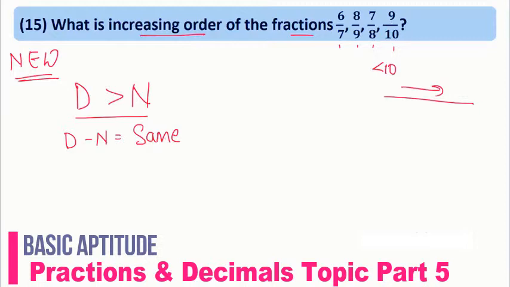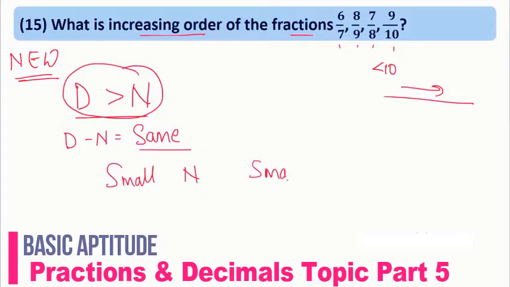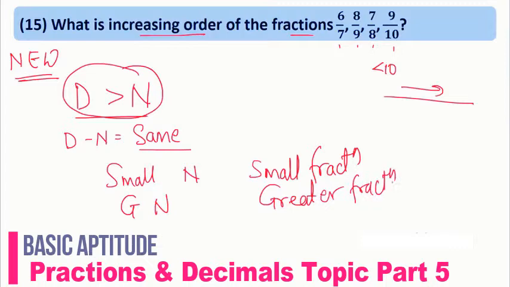So whenever the denominator is greater than the numerator in all fractions and the difference between denominator and numerator is the same, then smaller the numerator, smaller the fraction, and greater the numerator, greater the fraction. So over here, which is the smallest numerator? 6. So 6 by 7 is the smallest. Which is the largest numerator? 9. So 9 by 10 is the greatest.